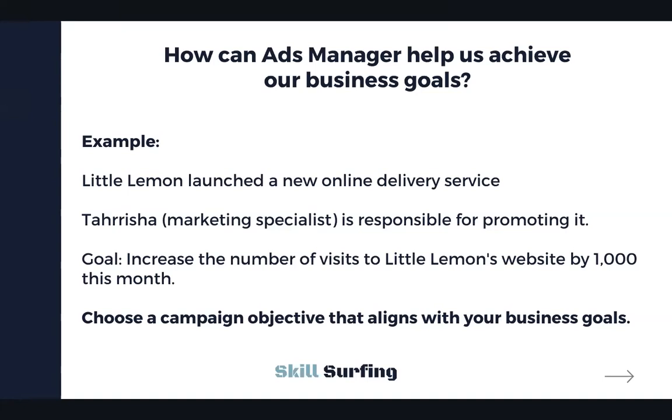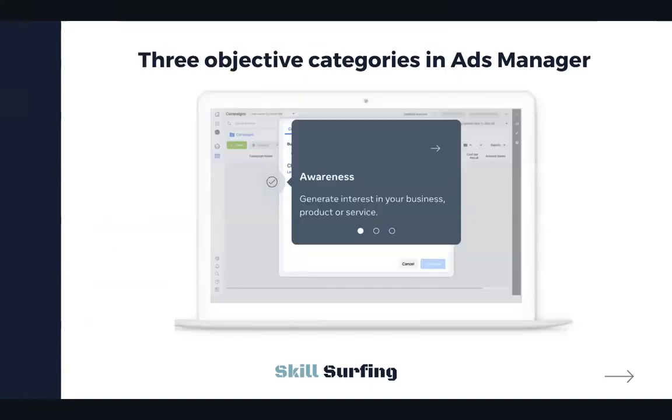We have Tarisha, a marketing specialist responsible for promoting the new online delivery service. She has a goal of increasing the number of visits to Little Lemon's website by 1,000 visits this month. That's measurable, it's time-bound, and it aligns with their business objectives.